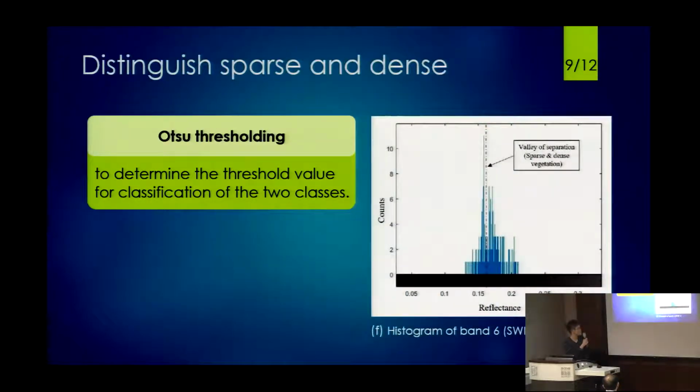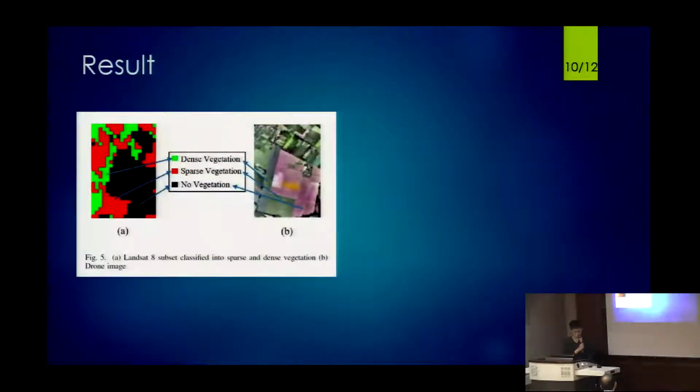If we see the histogram of band 6, which we choose, we can see here's a valley, and that's the line we have to separate. Okay, the result is: the green is the dense vegetation, the red is the sparse vegetation, and the black is the other classes.